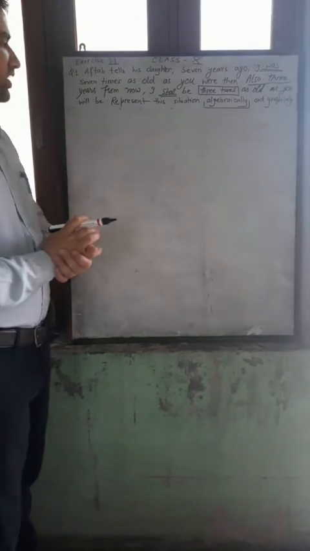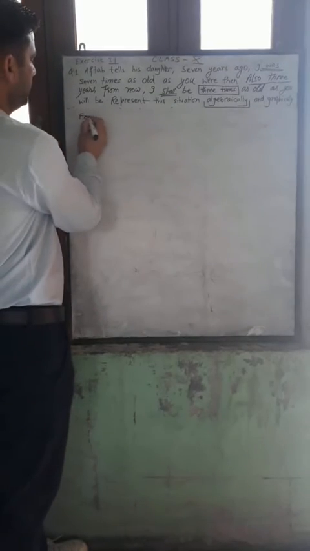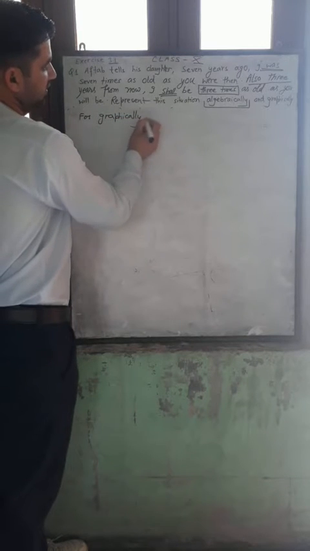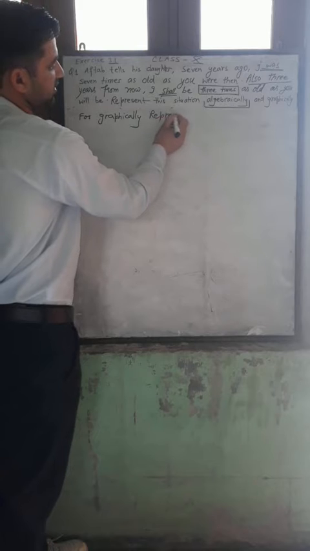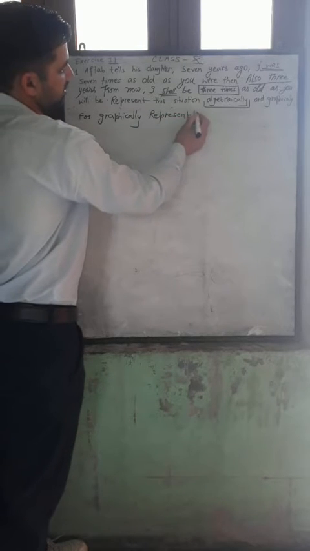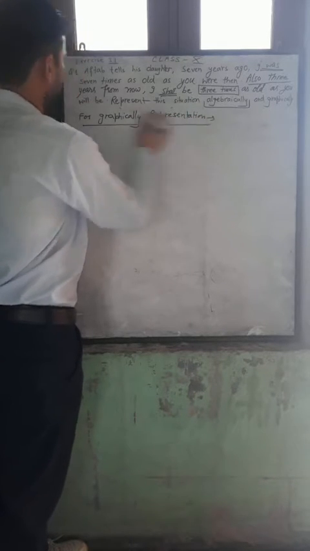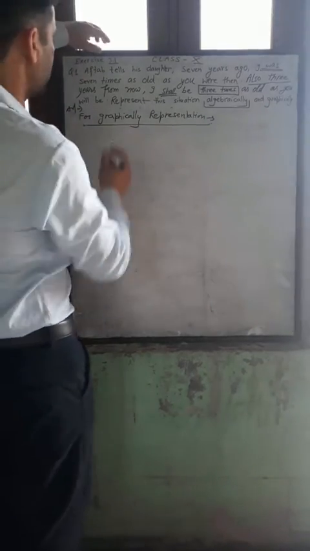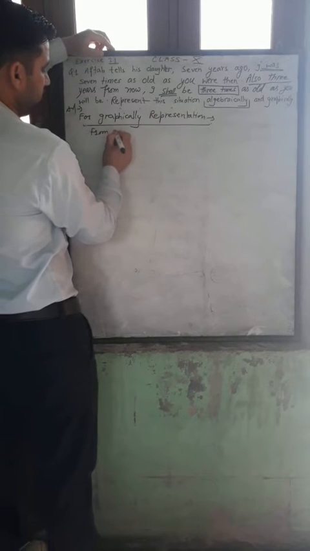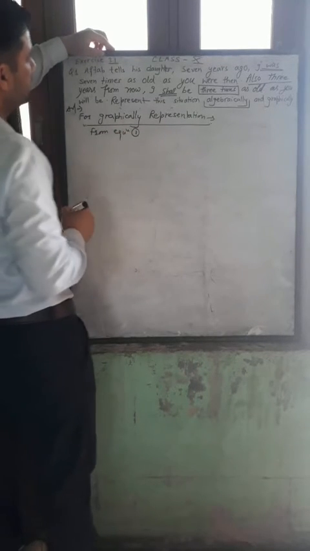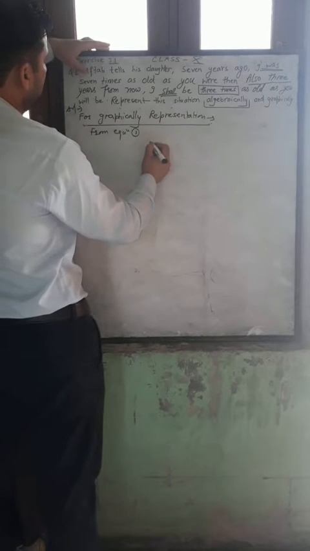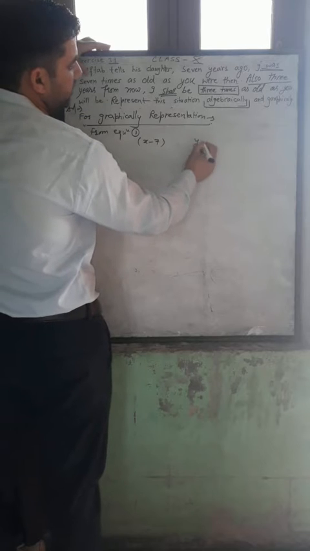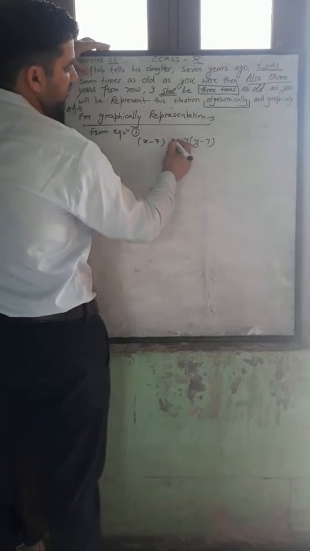Now for graphical representation, we make first equation from equation 1. So how are we making equation 1? x minus 7, y minus 7, this side we multiply by 7.